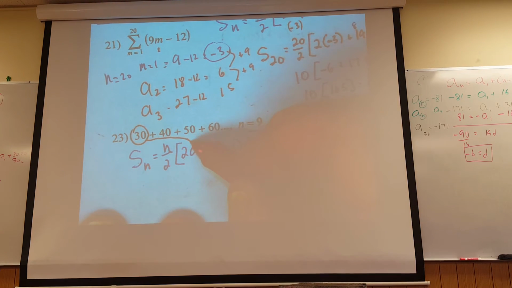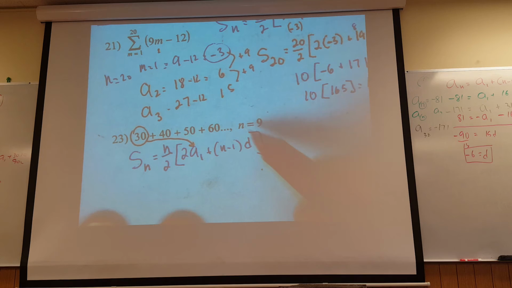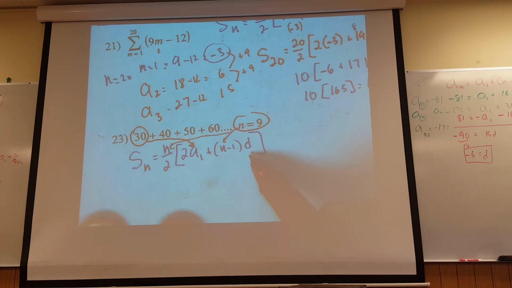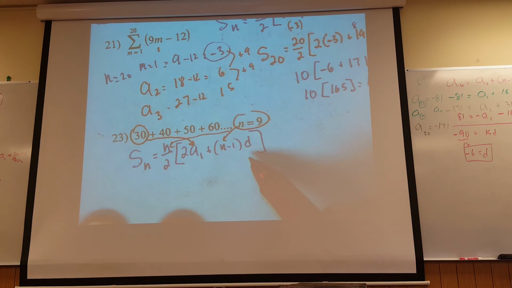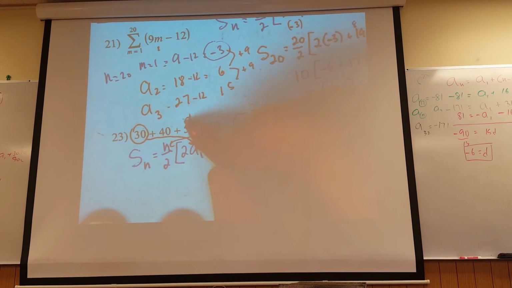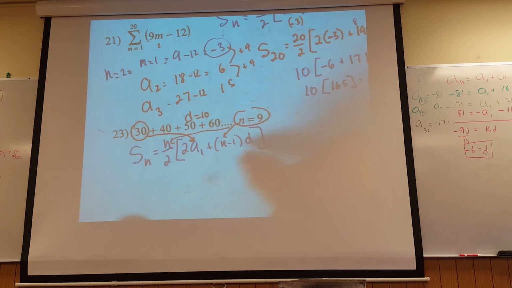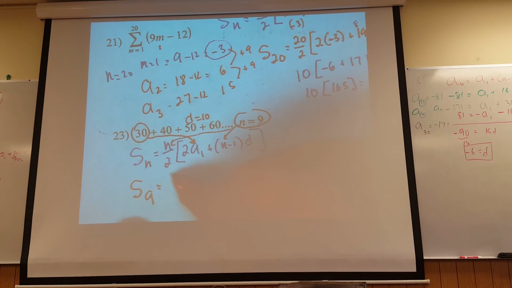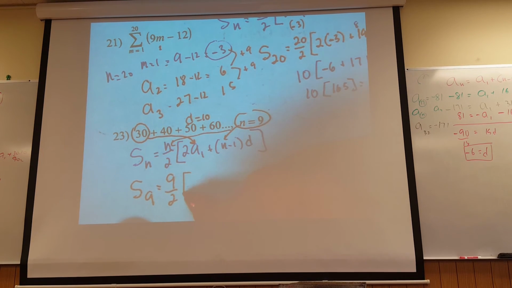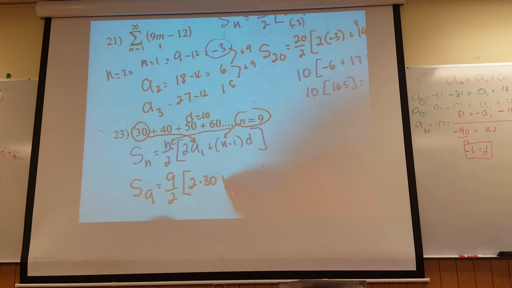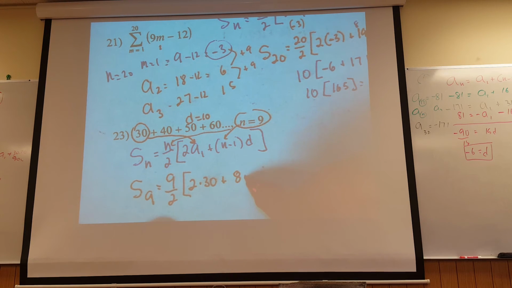See that right there, 30? That's the first term. See the n equals 9, that's going to go there and there. Do we know what the difference is? 30 to 40 to 50, so d equals 10 right there. So my sum of 9 terms would be 9 over 2, 2 times 30, plus 8 times 10.